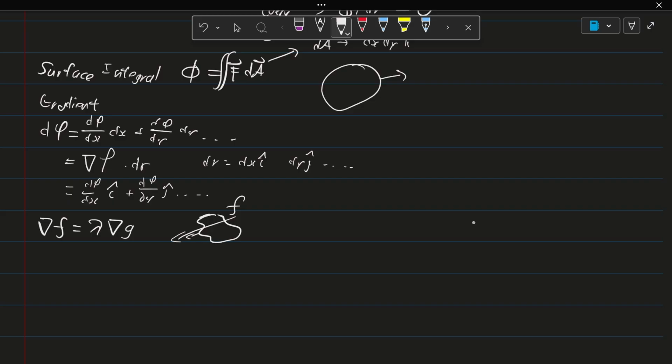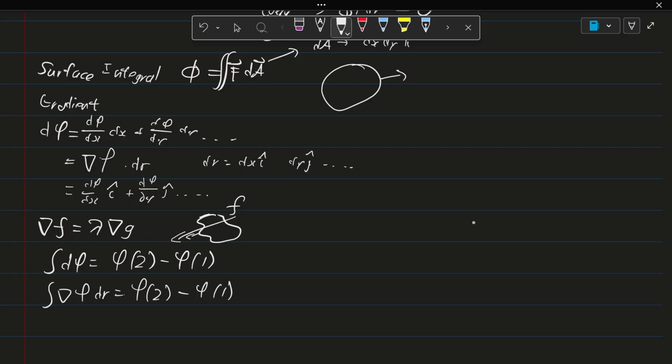Another thing about the gradient is that after we have developed this, we can write the integral of d phi, which is just phi 2 minus phi 1, the value at point 2 subtracted by the value at point 1. It's just the change. We could extend this further by taking the gradient of phi dot dr, and it's always conservative.